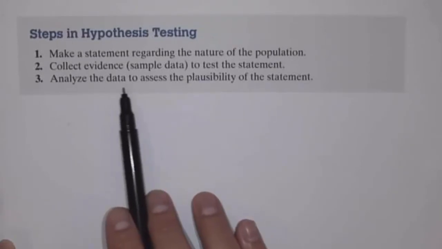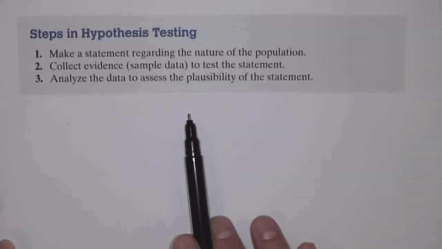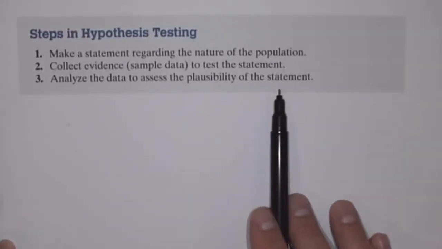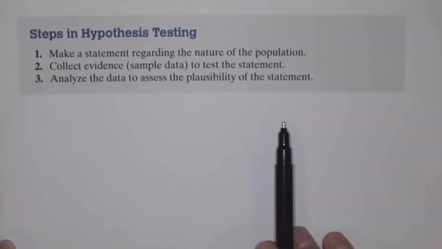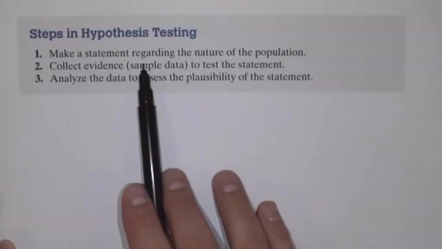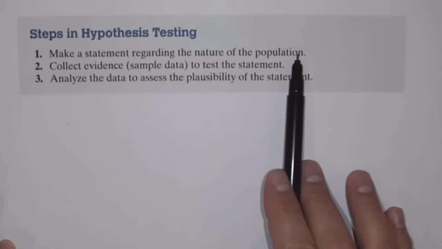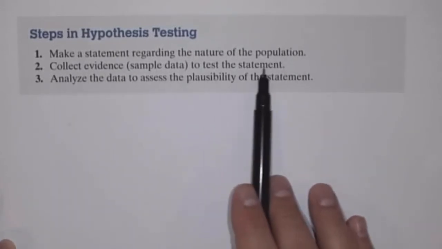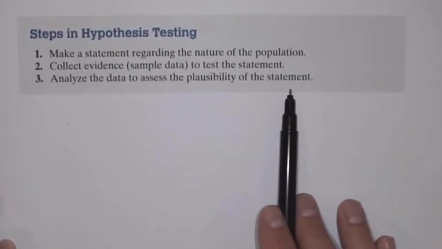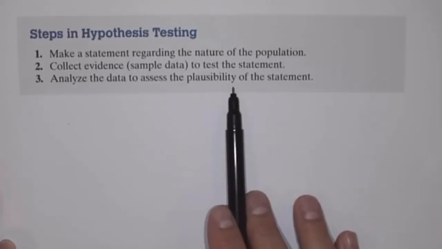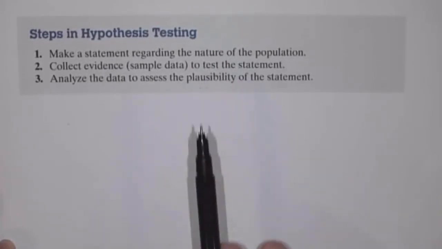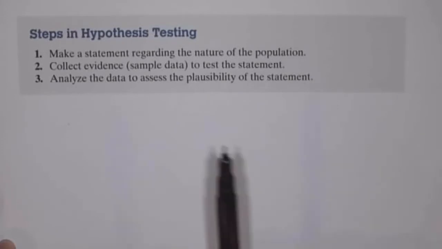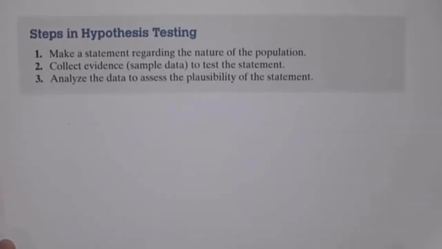Step 3, we're going to analyze the data that we collected in step 2 to assess the plausibility of the statement in step 1. So again, we have something that's supposed to be true. We're going to gather evidence, and then we're going to analyze that evidence to see, does that evidence support or refute the original statement? That is how a hypothesis test is going to work.